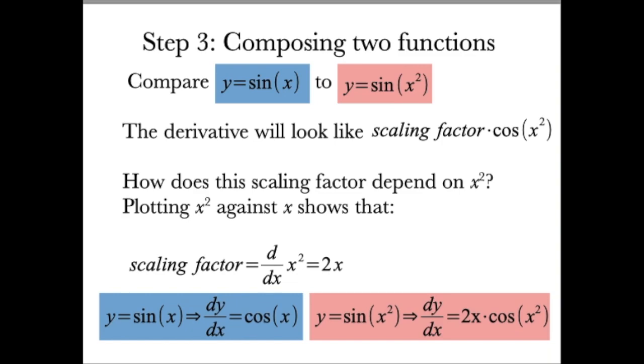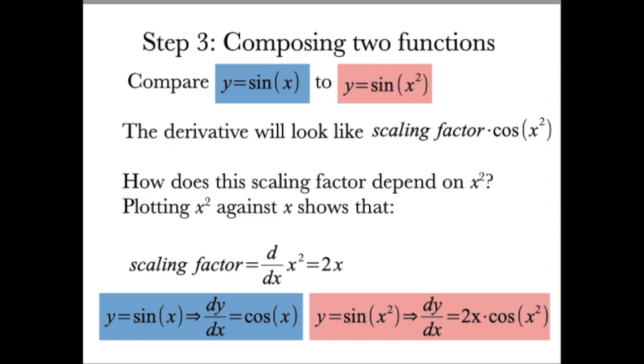And so we now have our full derivative of y equals the sine of x squared, and that's 2x multiplied by the cosine of x squared, where the cosine of x squared we found by differentiating sine of x squared with respect to x squared, and then we have that correction scaling factor 2x, which is the derivative of x squared with respect to x.